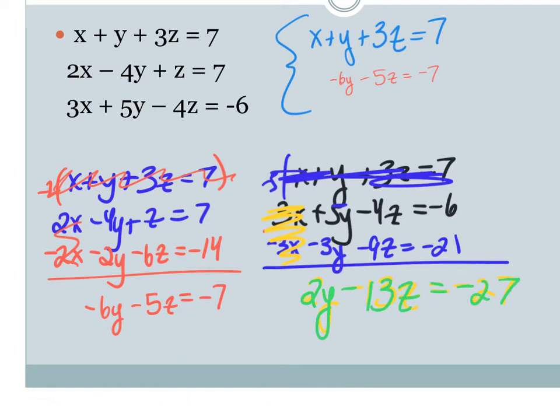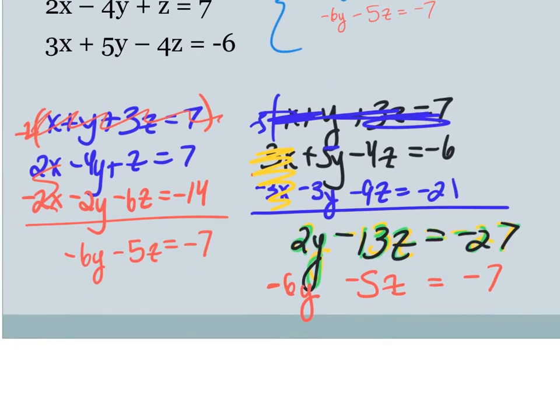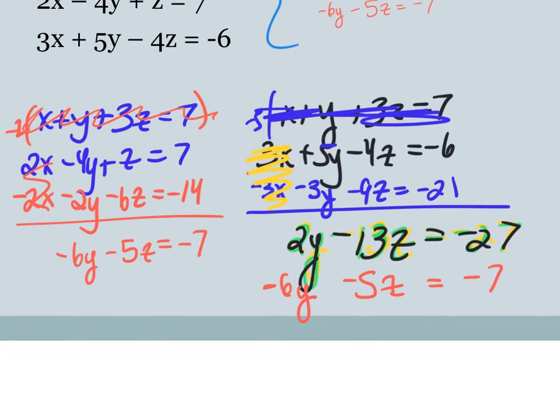Now I'm trying to get my last equation to say z equals. The red one that we rewrote. So now I'm going to put underneath here negative 6y minus 5z equals negative 7. Agreed? What am I multiplying the top by? Positive 3.